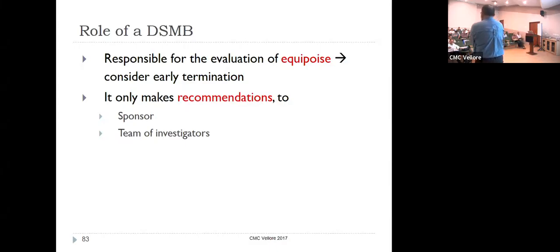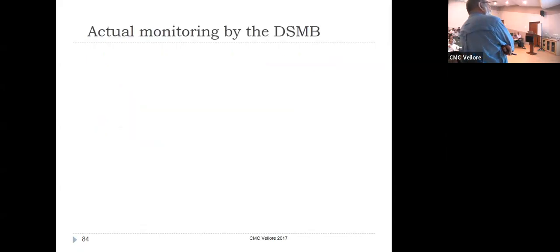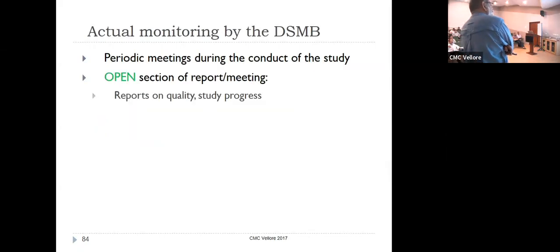And in 41 years, I've only had one time that the sponsor did not agree with the recommendation of a board. So how do they do this? Well, this is now more technical, operational, but you'll have this here so you can look at it.